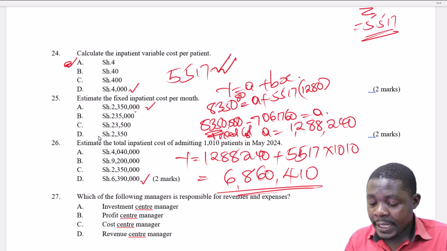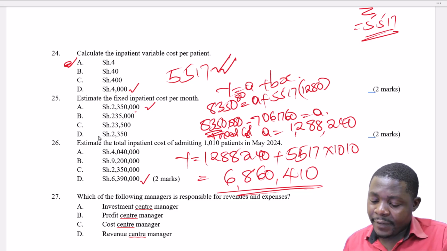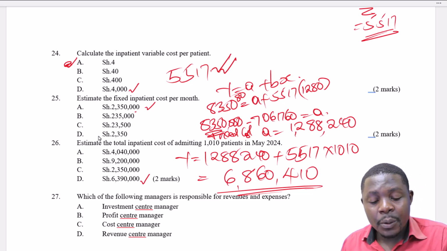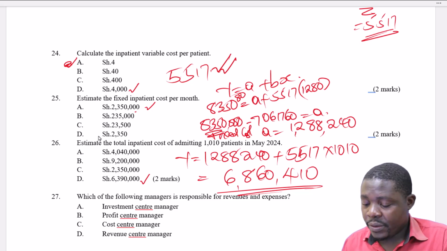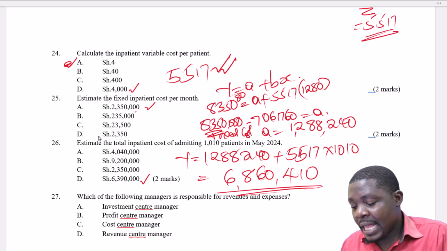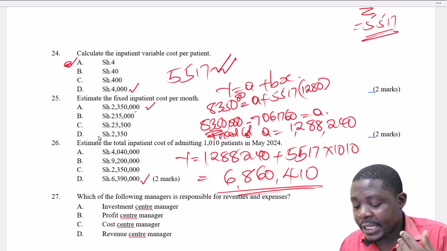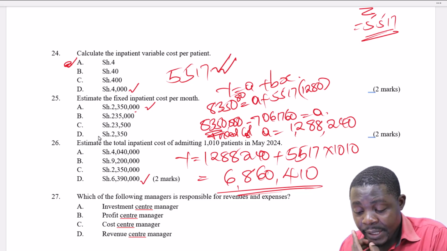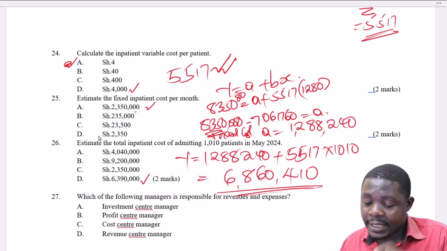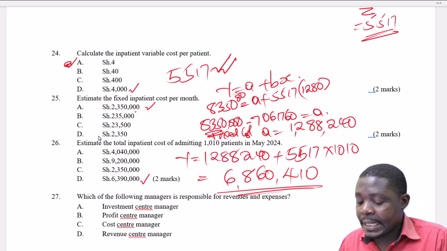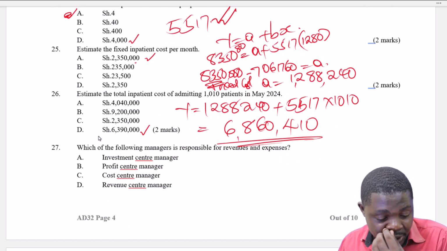You realize they get 7,390,000, which in this case is not there. In that case, the answer should be whatever we have written, and if it is not there, you pick the one that is a bit closer to that to make sure that you are getting the question right.